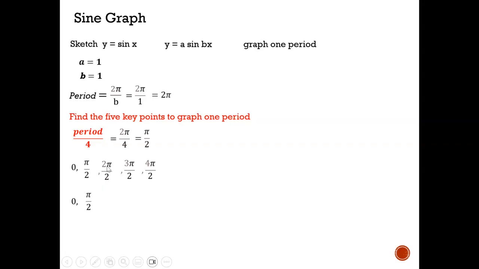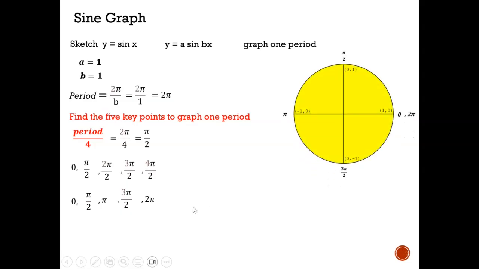The 2 pi over 2 will give us pi. The 3 pi over 2 stays 3 pi over 2. And the 4 pi over 2 will give us 2 pi. Now, the last point has to match the period. You see, it matches. If it doesn't match, it means that you did something wrong. That's a key factor to check that you got the 5 points correct.